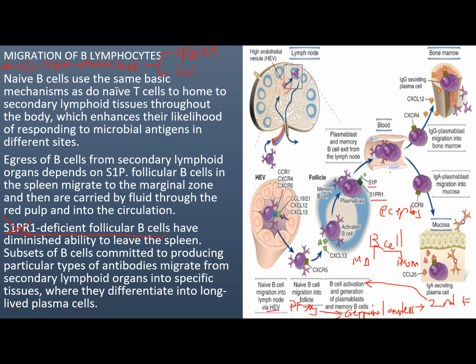If it's an IgG plasmablast, it will migrate into the bone marrow. Once it's in the bone marrow, it will become an IgG secreting plasma cell. If it's an IgA plasmablast, it would go to the mucosal surfaces, becoming IgA secreting plasma cells.